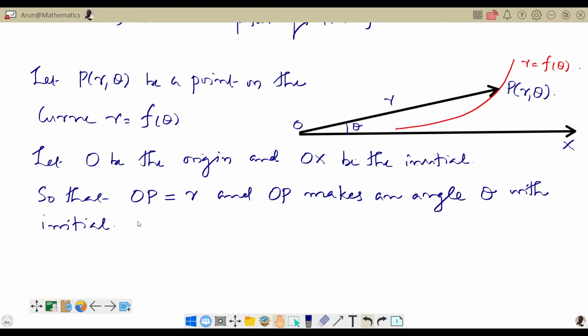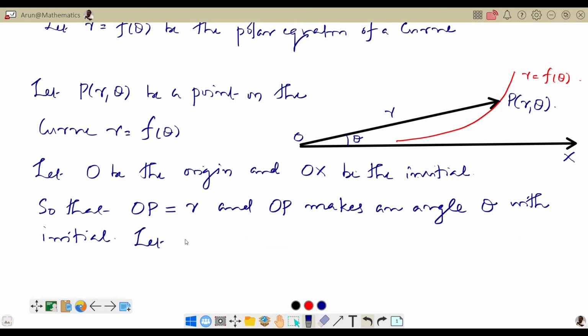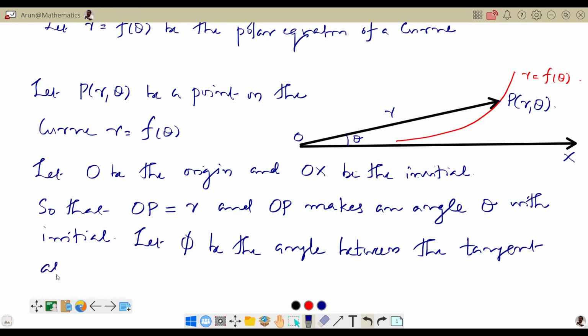Let phi be the angle between the tangent at P and the radius vector OP.